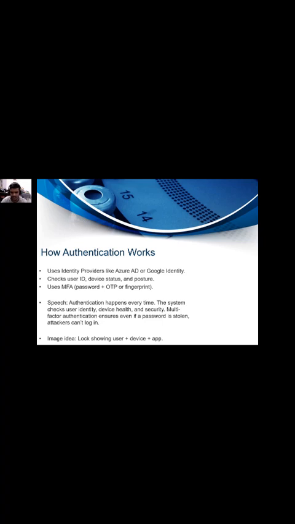How does authentication work? Authentication is the backbone of a zero trust model. Systems use identity providers like Microsoft Azure or Google Identity. They check who the user is, what device they are using, their location, and security posture. Zero trust also relies on multi-factor authentication, a combination of something you know, like a password, and something you have, like an OTP or fingerprint.